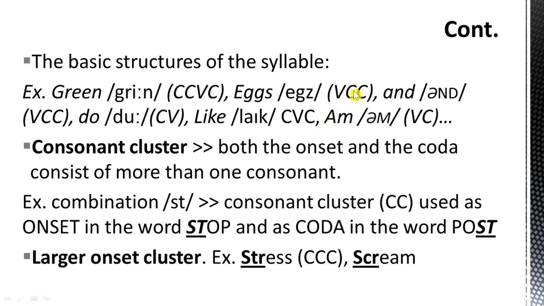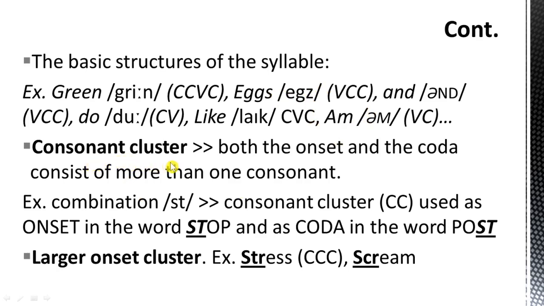Here it's a vowel, and then g and s, which are also consonants. You might be confused by the four letters here and think you have V, C, and then C. But actually, no, there are just two consonants here.